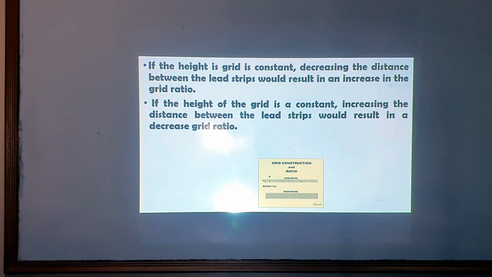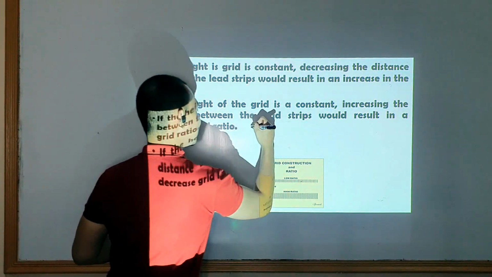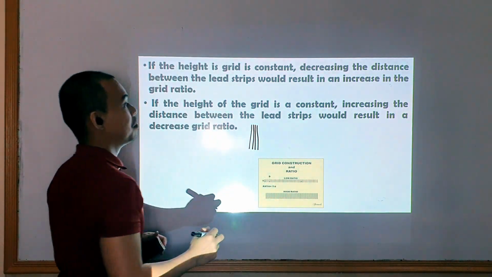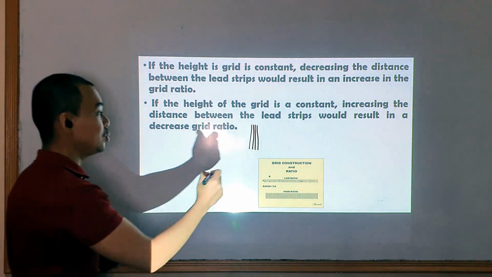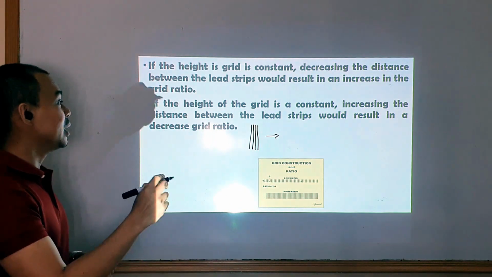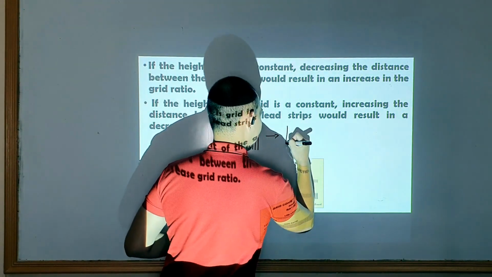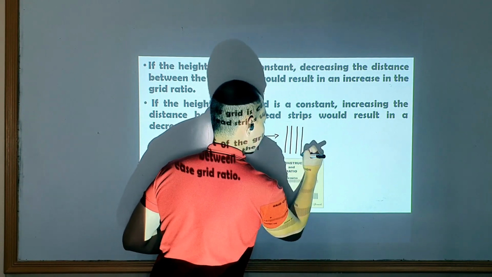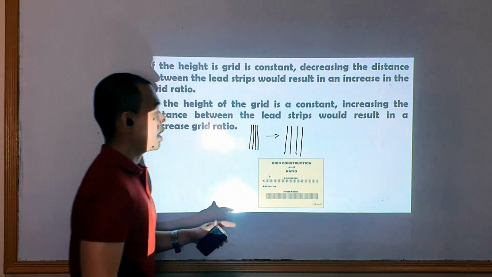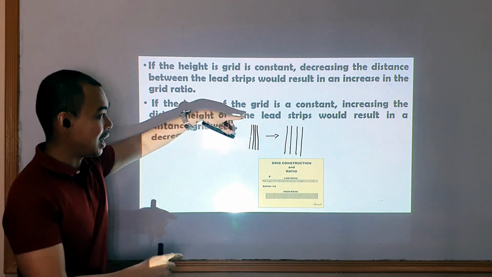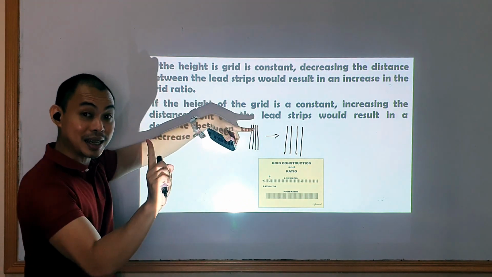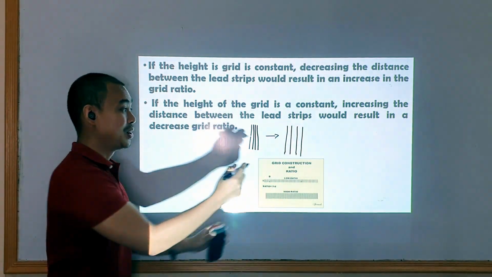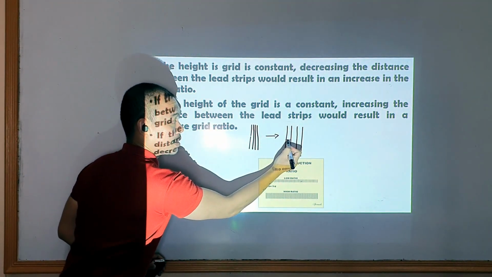But it's still the same, guys. Height is still constant, but this time we are going to increase the distance. So from this, it becomes like this. From this one, guys, the height, from this to this, it's constant. But the distance is wider.